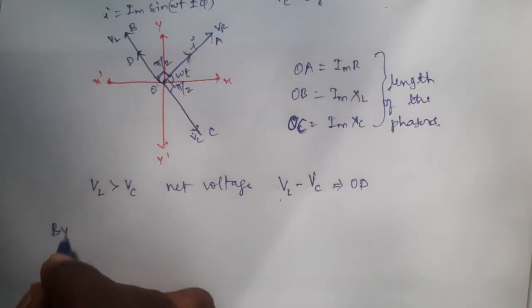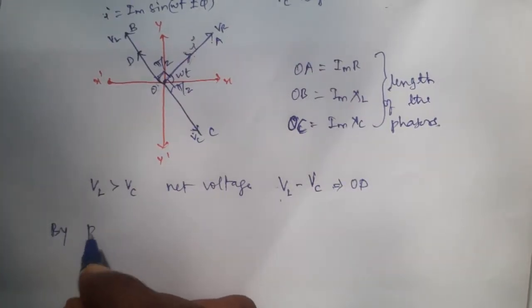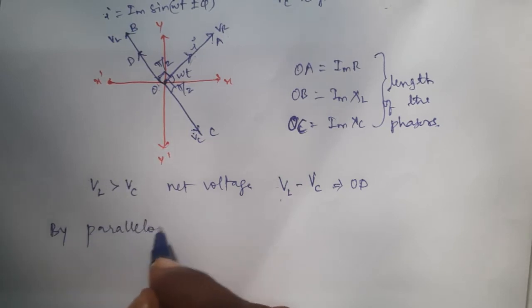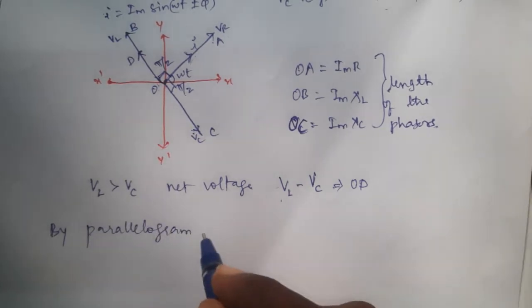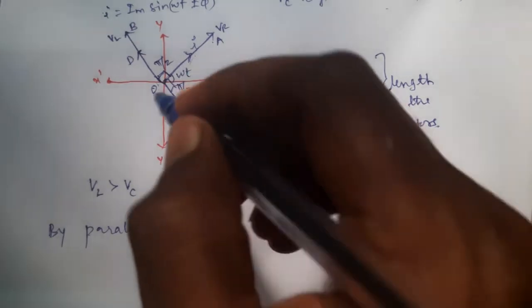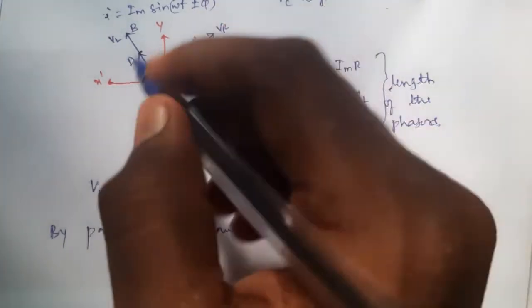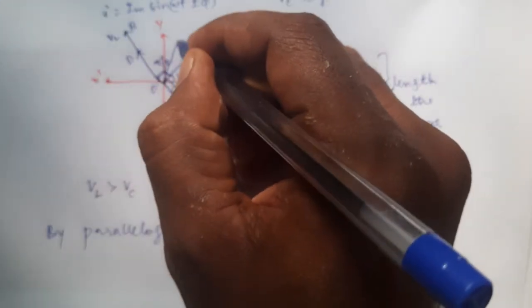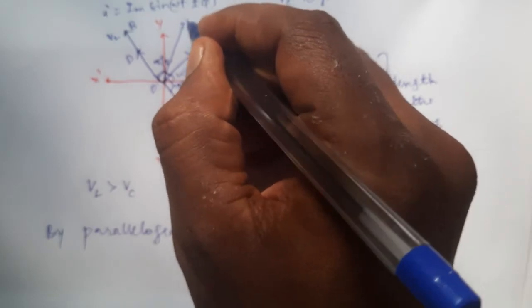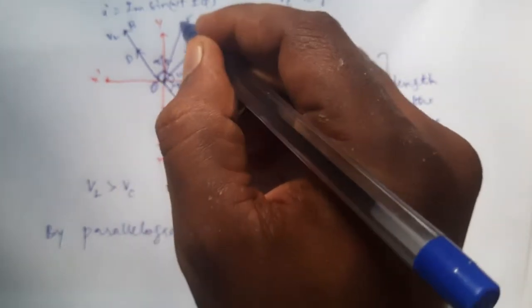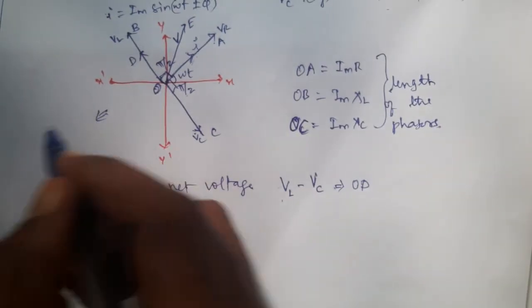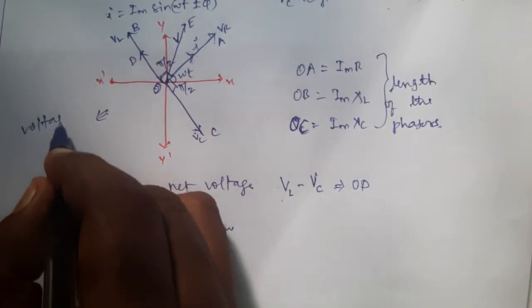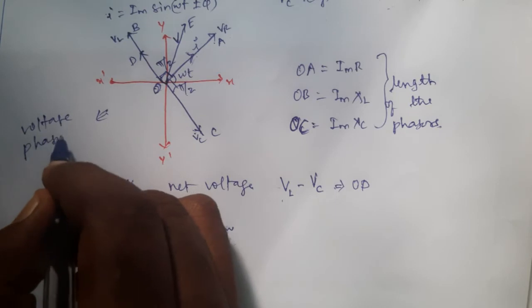By the parallelogram law we get the resultant voltage. The resultant voltage in this diagram is represented by OE. Hence this is the voltage phasor diagram.